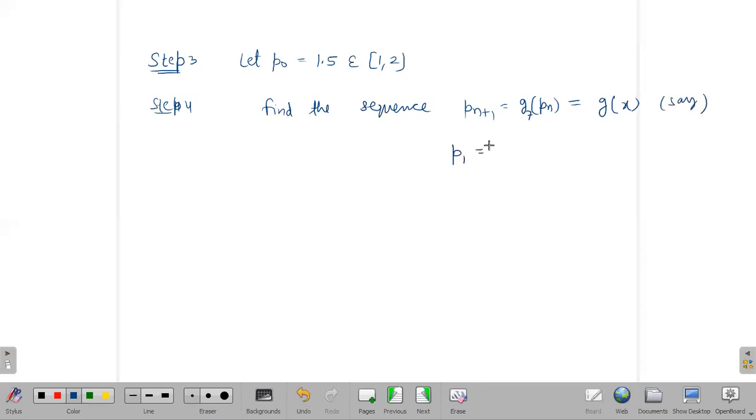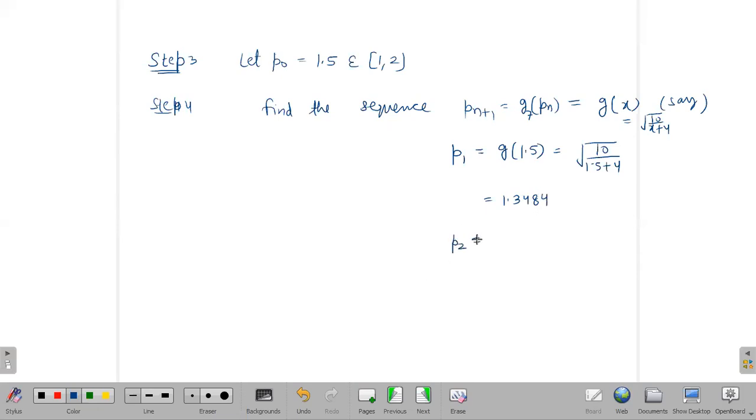So p1 is given as g at 1.5, and g is root of 10 by x plus 4, so root of 10 by 1.5 plus 4. Can you find this value? If I find this value, it will be 1.3484.